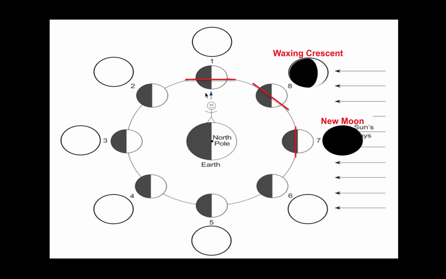So the left side, from the person's perspective, is dark. The middle is going to be split, and the right side is light. So when I'm drawing it, I have to draw dark, split, light. The moon phase will look something like that. This is called the first quarter moon.